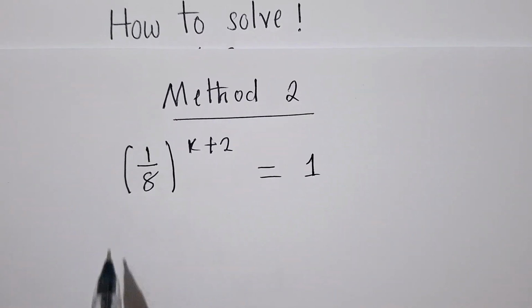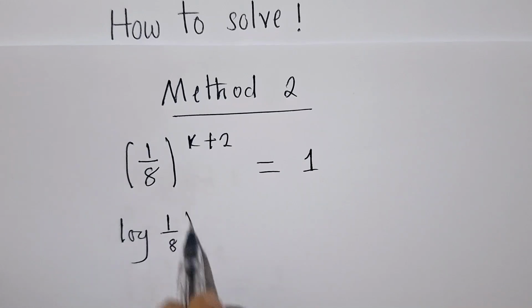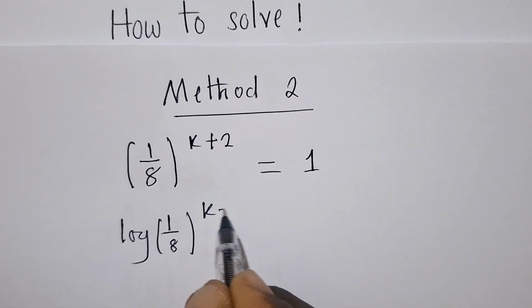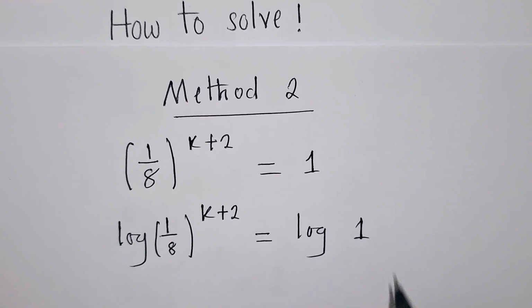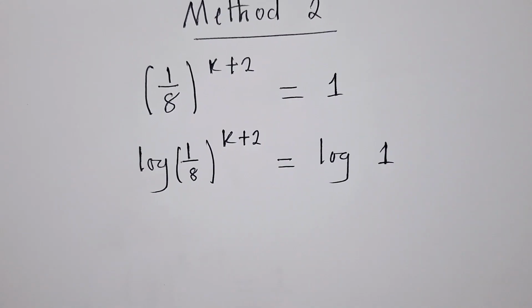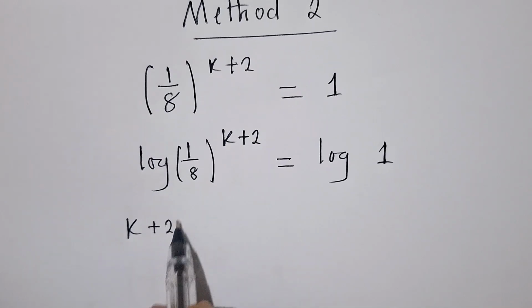So we can say log of 1 over 8 power k plus 2 is equal to log 1. Now this power will come in front.